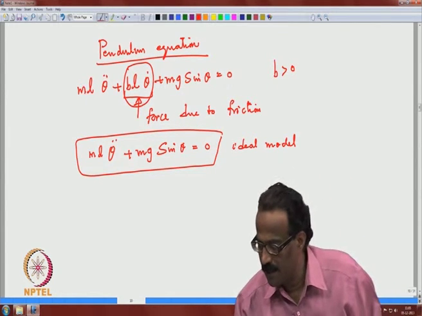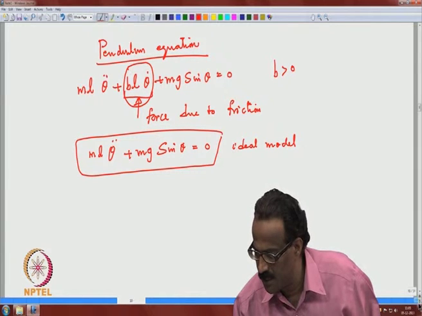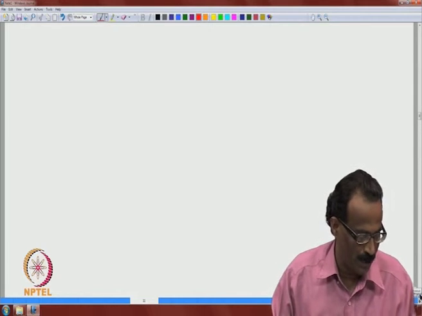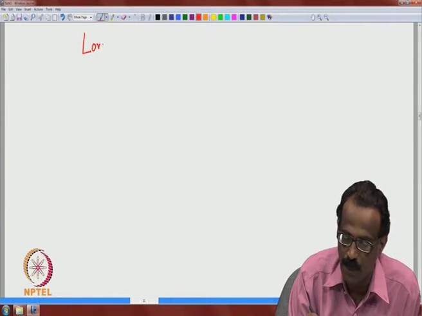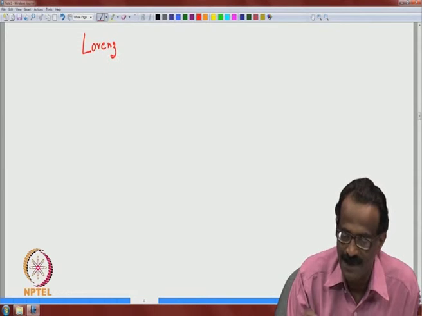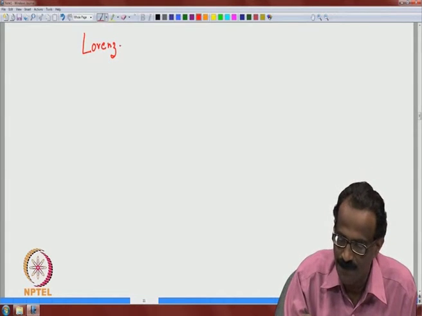Let me more or less finish by writing one more equation, the system in which chaotic behavior is observed: the Lorenz system.